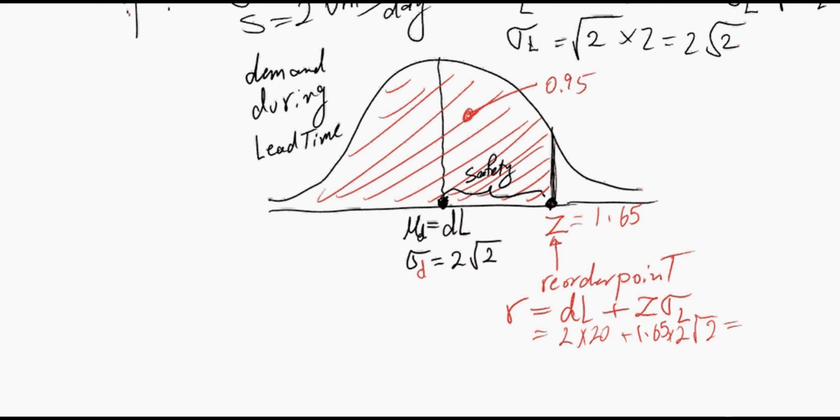So this would be 40, and this term here is our safety stock.